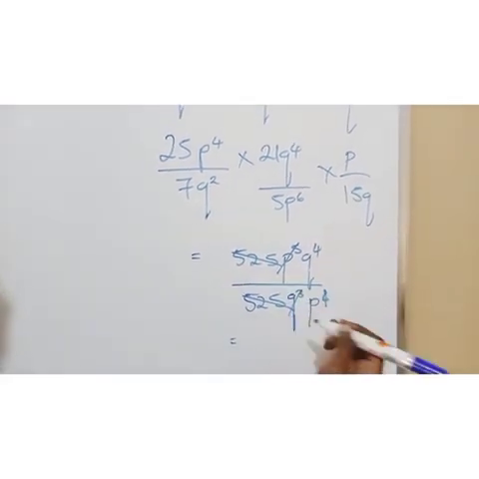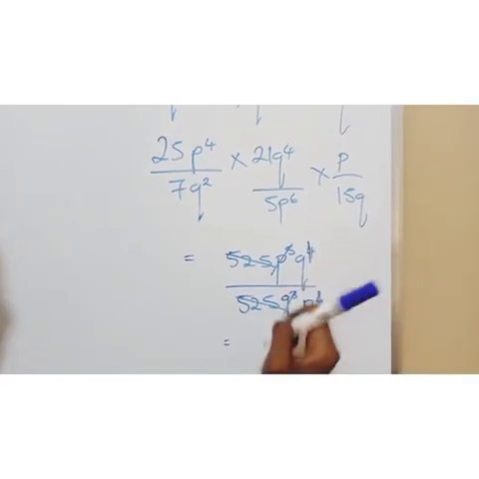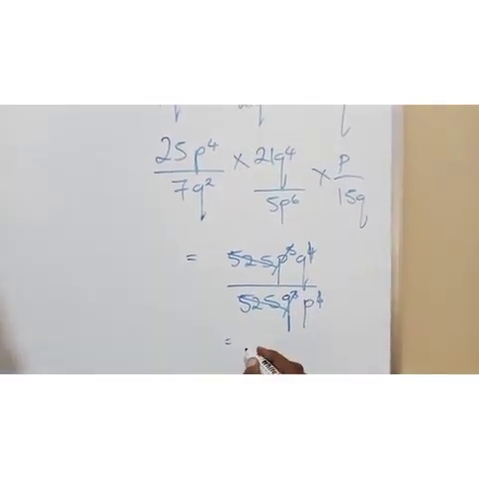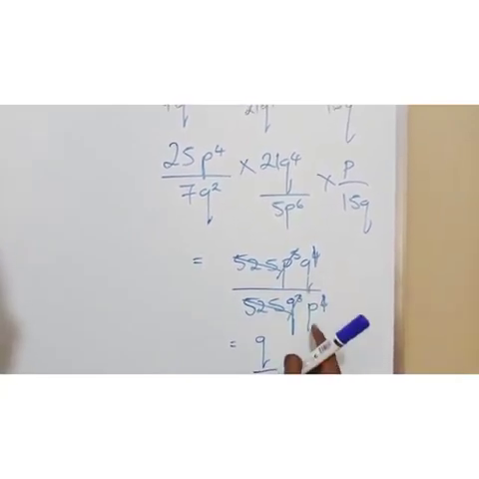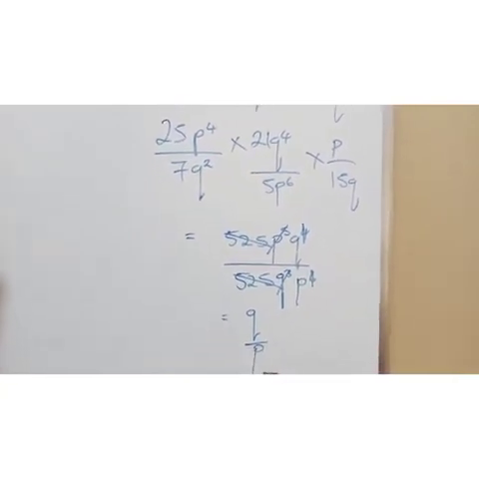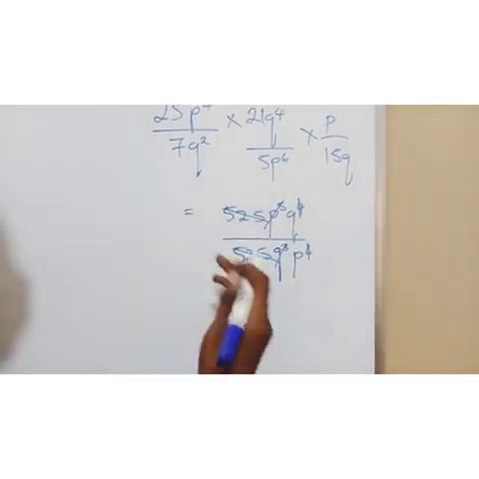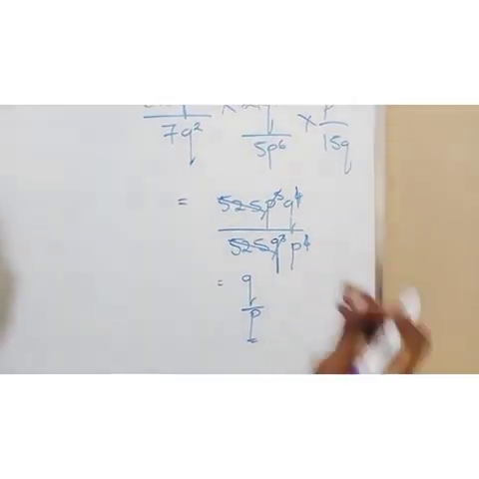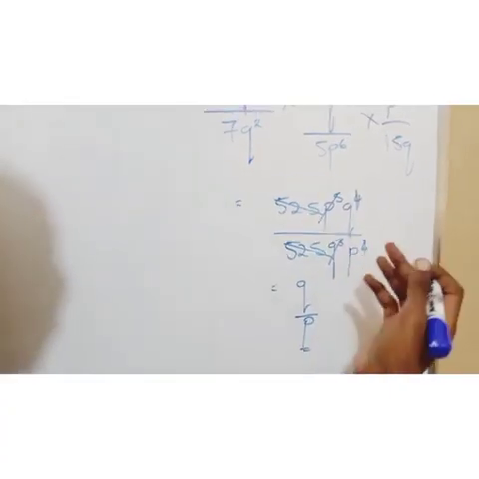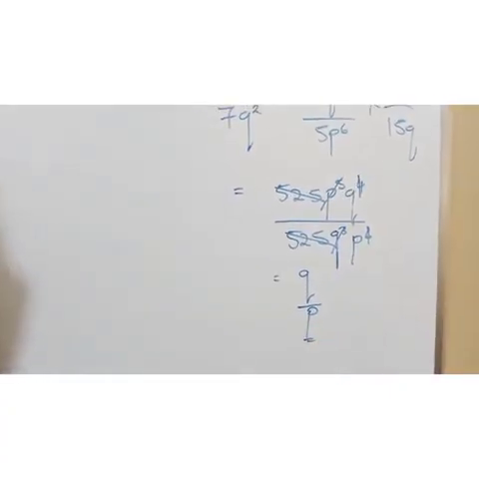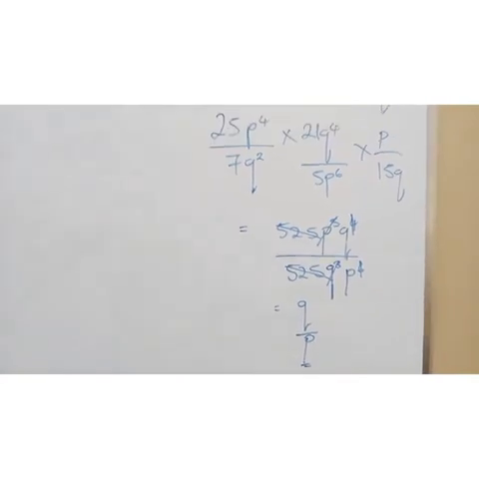So I cancel this and I cancel that. So what I have is q over p. That's all. Just know how to cancel. Here there are 5, here there are 6: you cancel 1, you remain with 1. Here there are 3, here there are 4: you cancel 1, you remain with 1. If this is not clear, please pause.